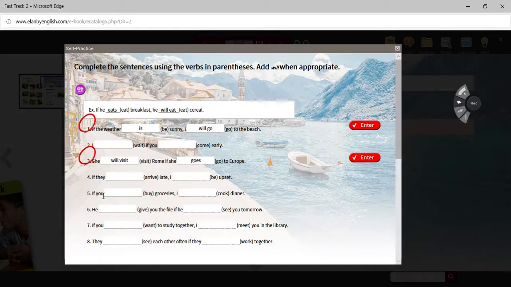Go to number 5. If you buy groceries, I will cook dinner. Okay? I think that communicates well enough on its own. But the if clause: if you buy the groceries, I will cook dinner.